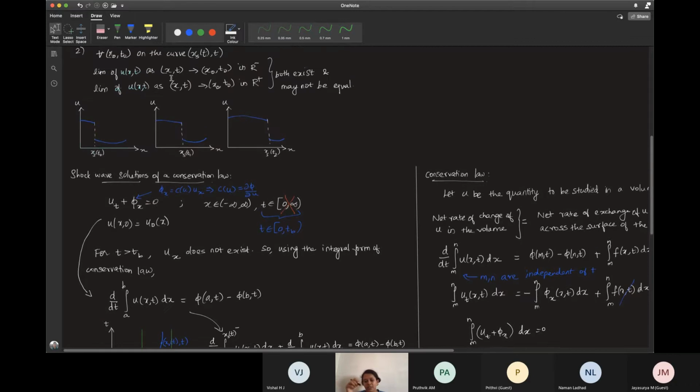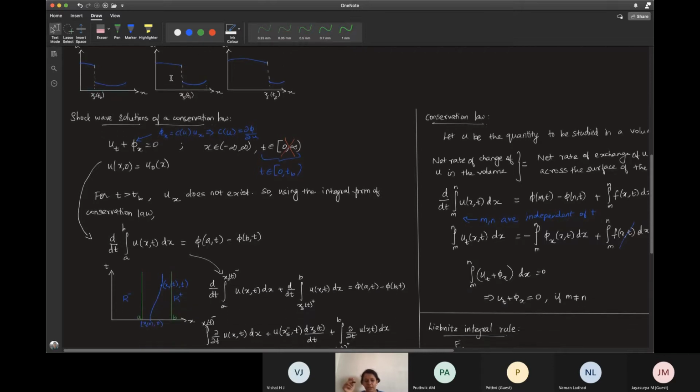We have just randomly drawn a characteristic curve. Now we have to find out how that characteristic curve actually looks. That is, we have to find the shape of the discontinuity. For that we need to find the speed at which that discontinuity travels. At least if we find dx by dt, then we'll be able to draw that curve.